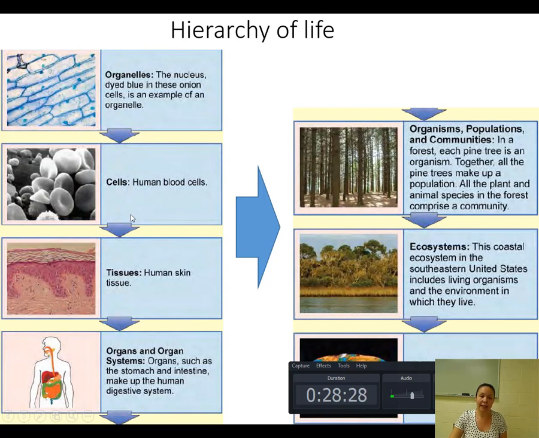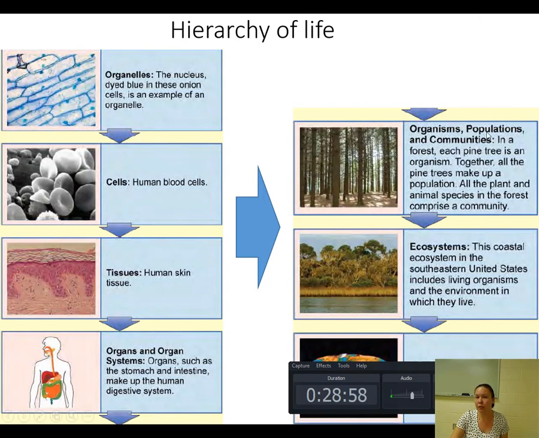Several cells put together into a working unit make up a tissue. Tissues put together make up organs and organ systems, which are organs that function together in the body. And then these organs and organ systems, when you put them together, make up an organism. Now, when you take two or more members of the same species and you put them together into a group, that makes up a population.